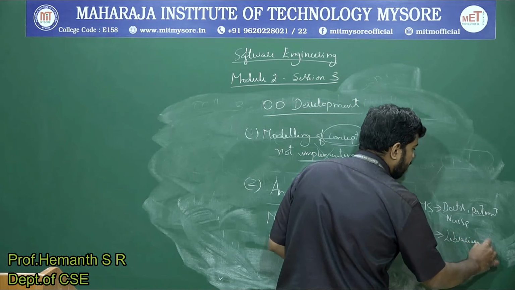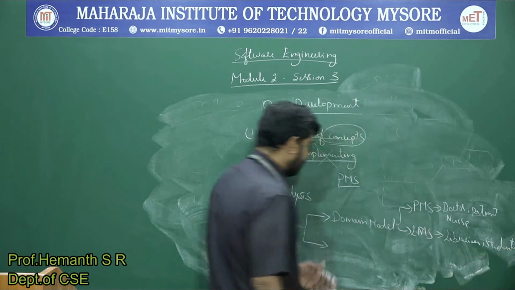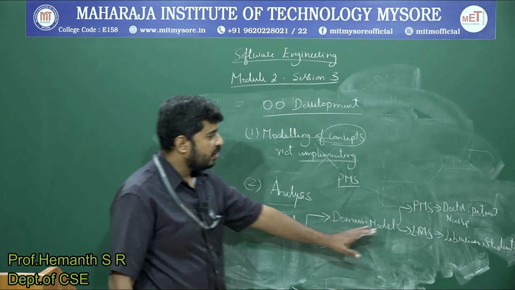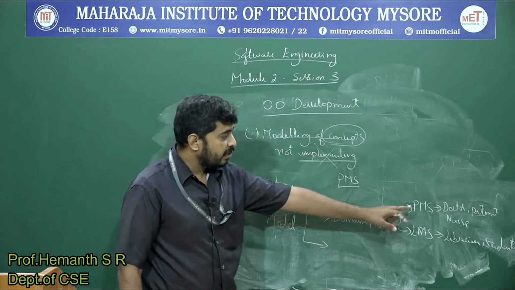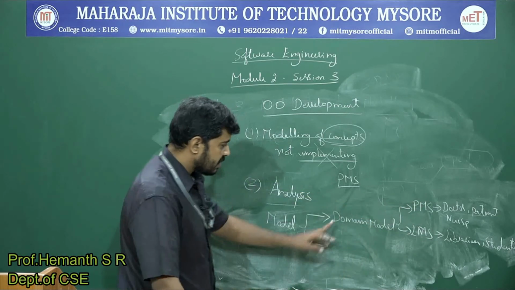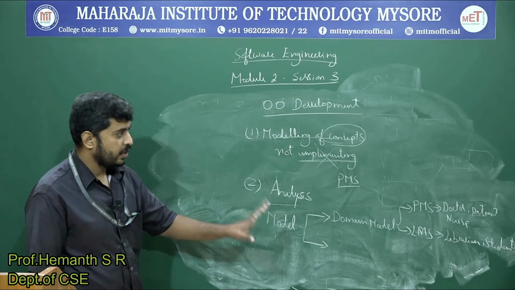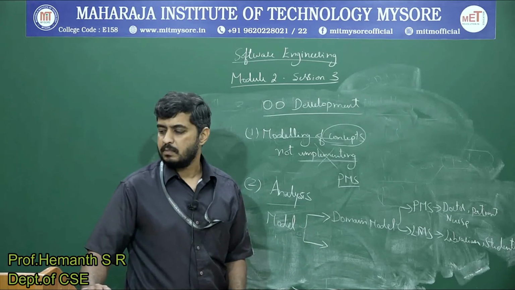So librarian, students. Please note, the domain model depends on the software or system we are developing, and the real world objects will change. So this is domain modeling, where the analyst will try to understand what are the real world objects related to the system.